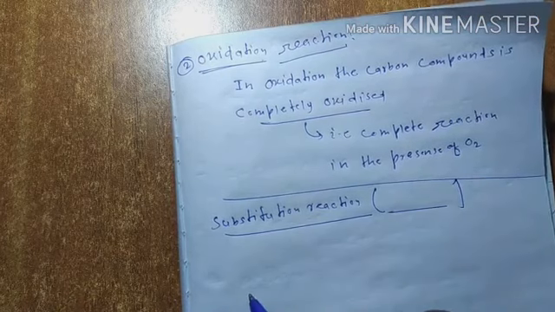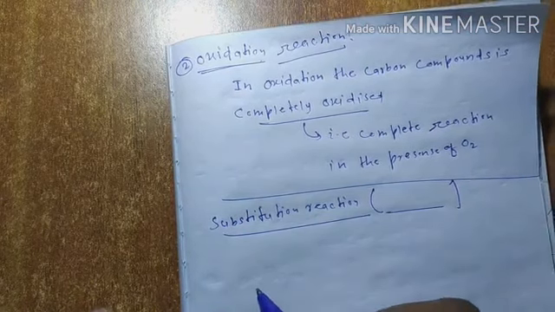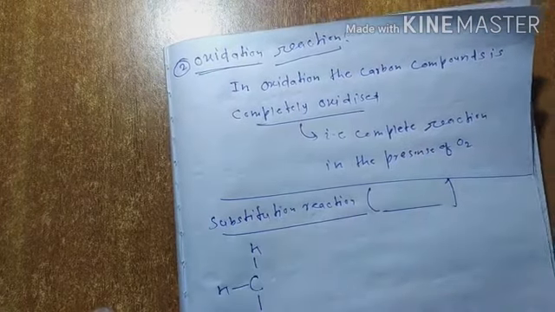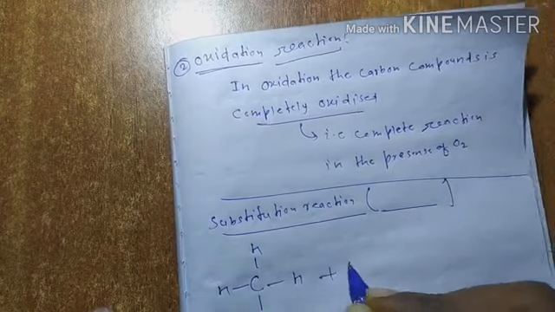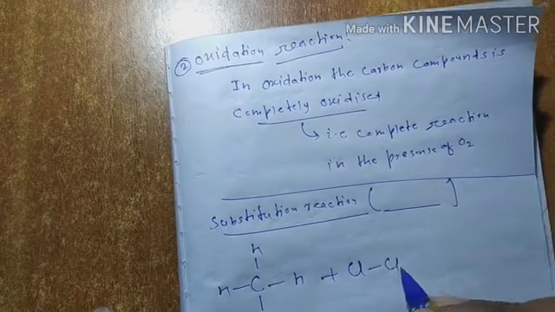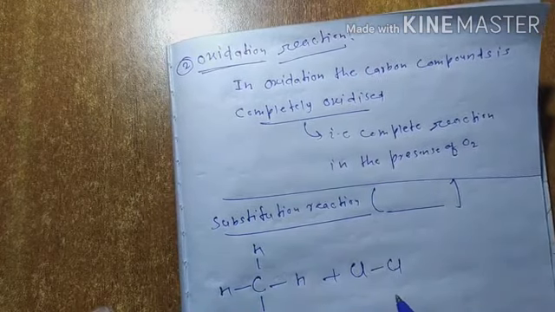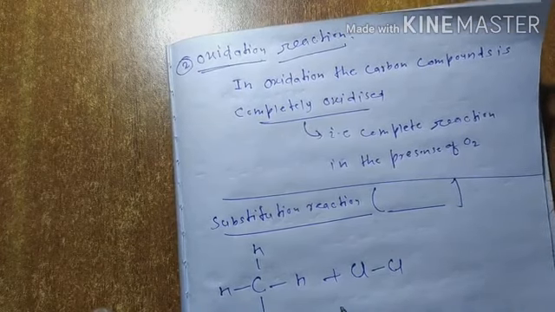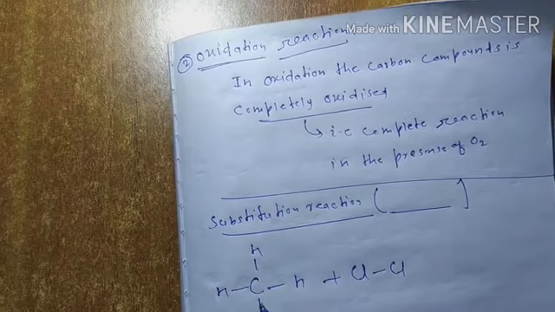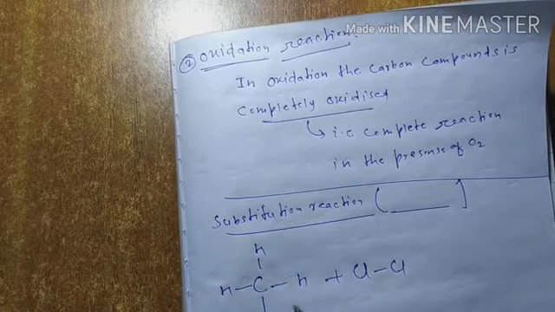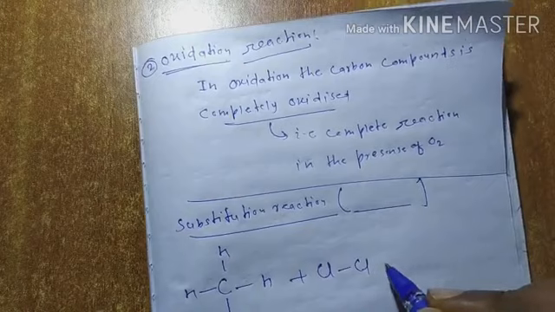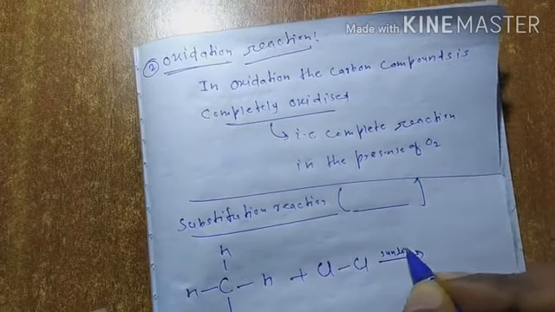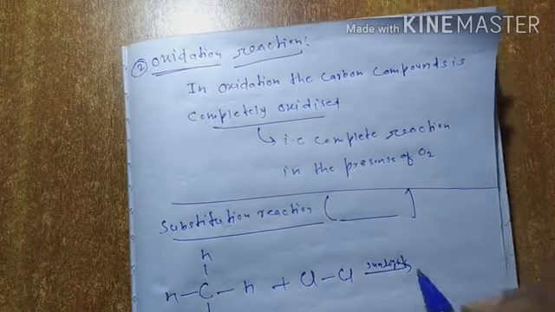For example, methane reacts with chlorine. We can write here Cl2 only, and CH4, but for the understanding purpose, I have written it in structural form. In the presence of sunlight, what happened?